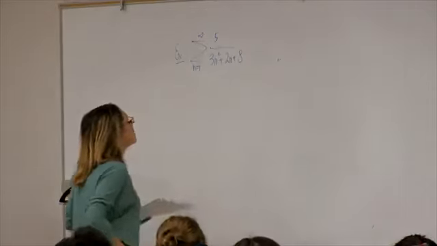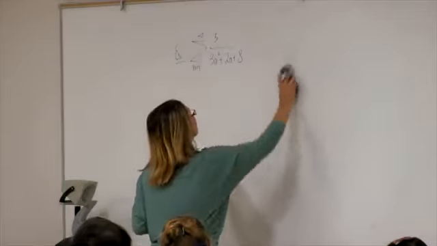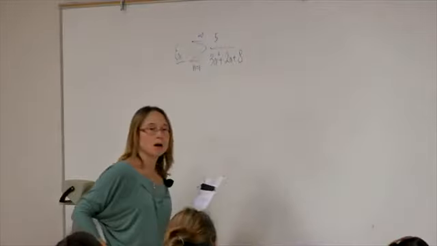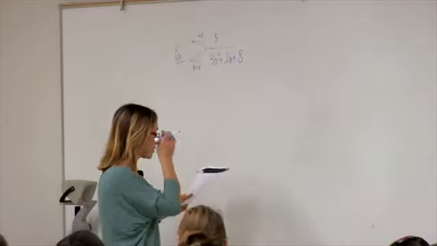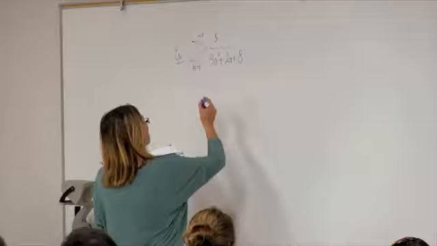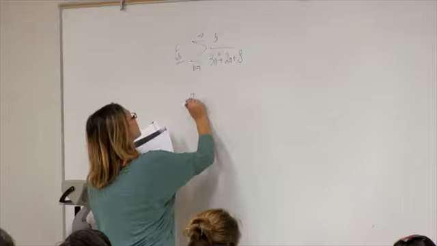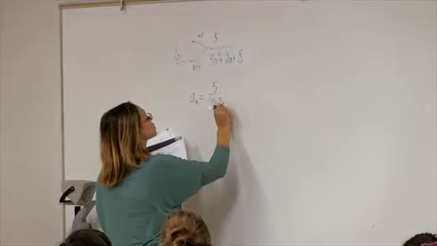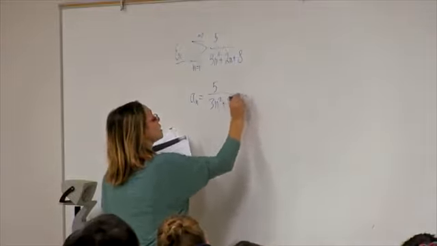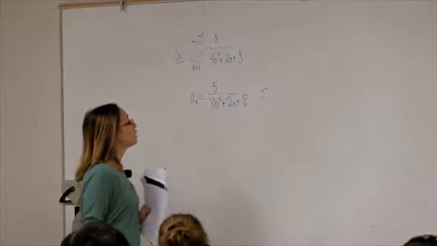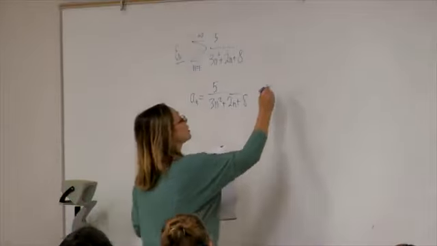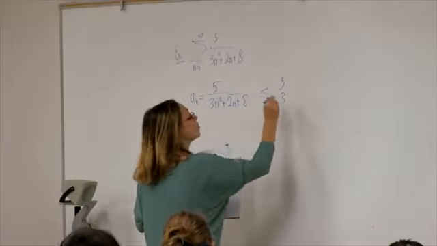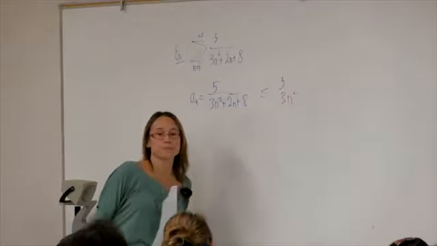Okay. So it's not something that we have seen before, right? But we can compare it with something that we have seen. So we can call it a_n, 5 over 3n squared plus 2n plus 8. Okay. And for sure, this is less or equal than 5 over 3n squared, right?